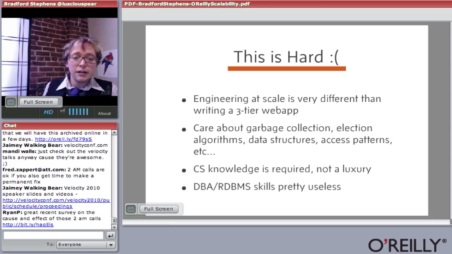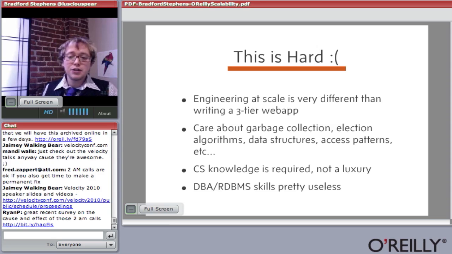And, as much as I love DBAs and relational databases, I actually worked on SQL Server at Microsoft, those skills really aren't useful with these kinds of systems. DBAs have trained so much to optimize that extra 5% of performance out of an Oracle database, or understanding when to use clustered indexes in MySQL.